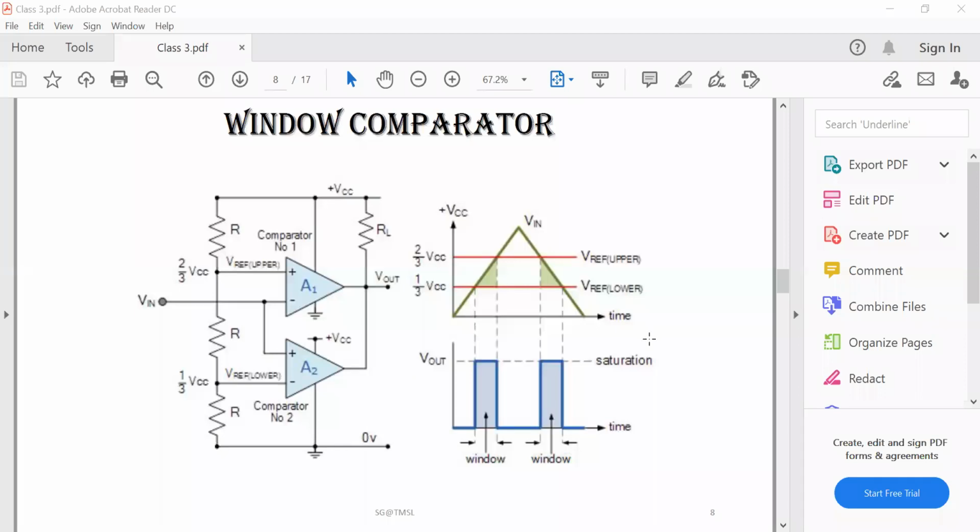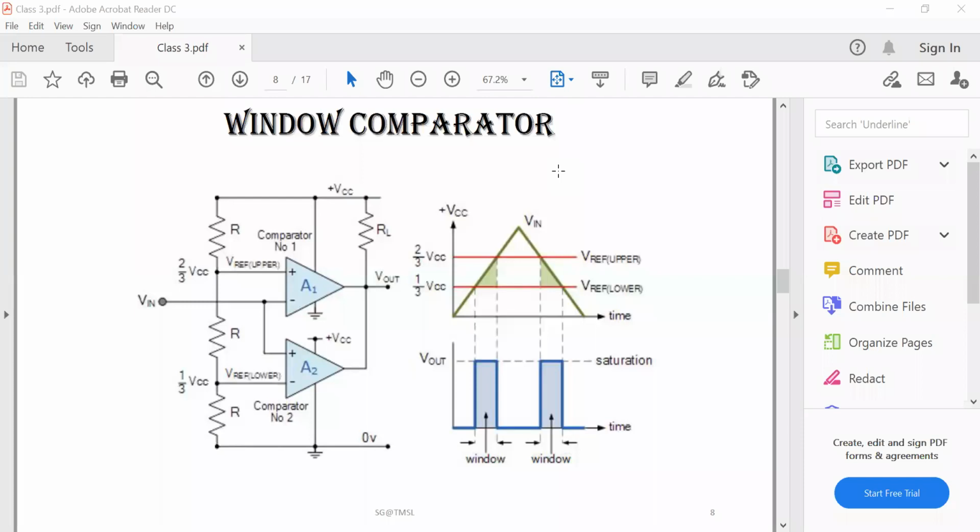So what is a window comparator actually? A window comparator is basically the inverting and the non-inverting comparators combined into a single comparator stage.